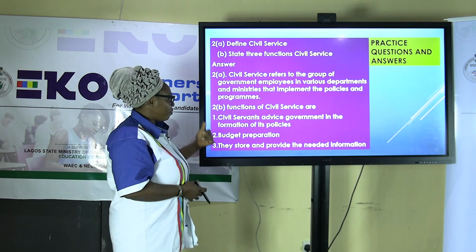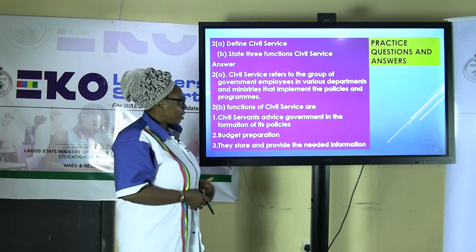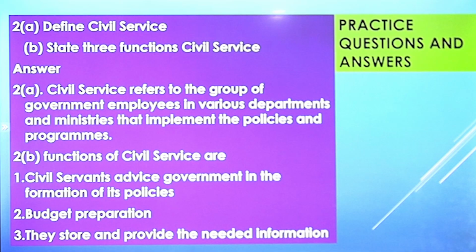The functions are, civil servants advise governments in the formulation of policy, and they also prepare budgets, the annual budgets, and they store and keep the needed information for the government.